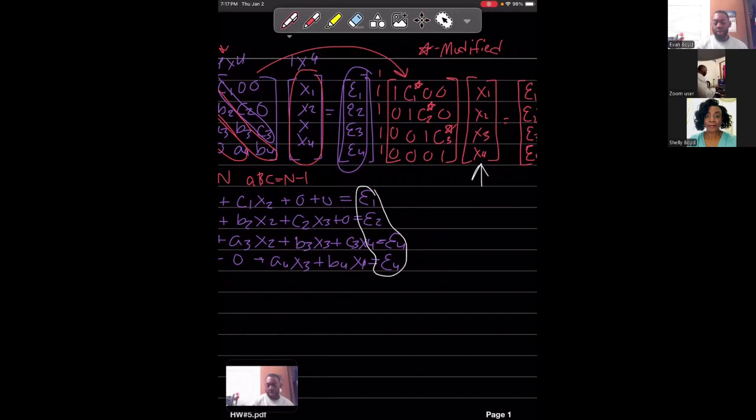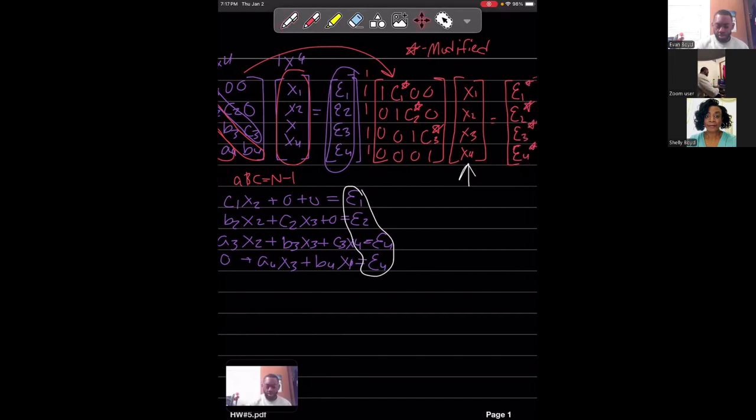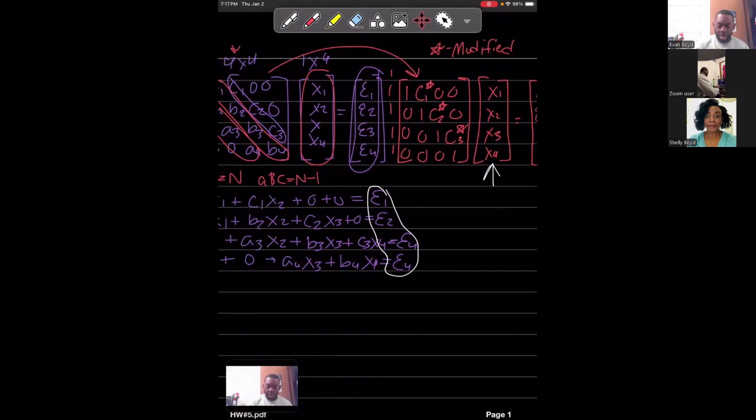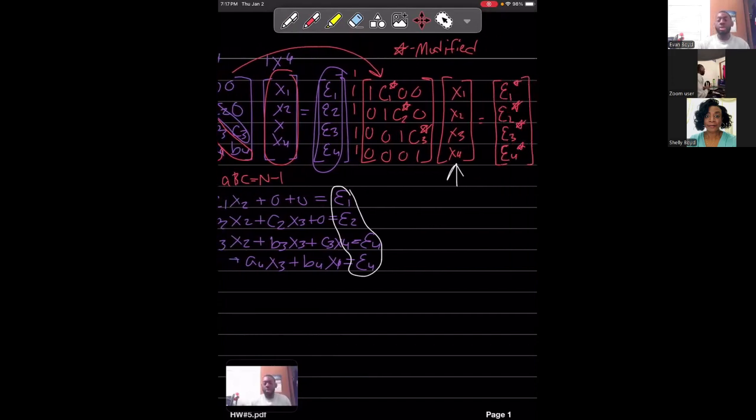But in the case that we're trying to find our X's, we rework it. We already have our epsilon values, and we have to rework our 4 by 4 because, if you remember, in our heated bar equation, the B's went to 1.